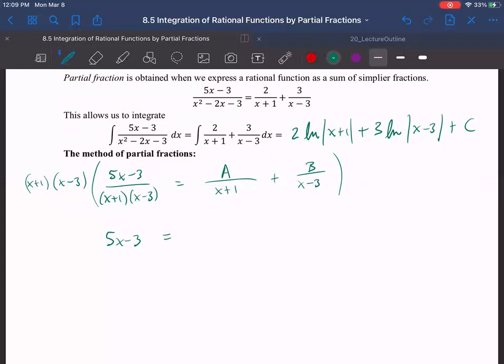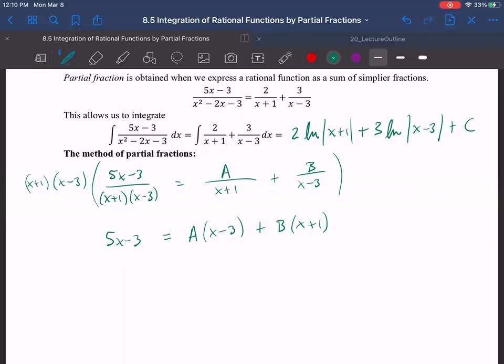And over here, when I do (x + 1)(x - 3) times that first fraction, A over x + 1, the x + 1's cancel, and I'm left with A times (x - 3). Then when I multiply it by the second fraction, the x - 3's will cancel, and I'll be left with B times (x + 1). So I just multiplied by the denominator, essentially, of what was on the left. Okay?